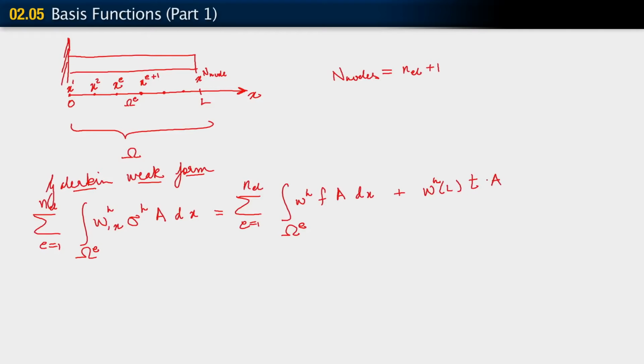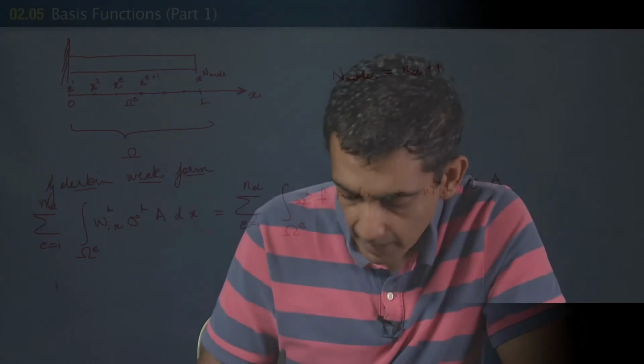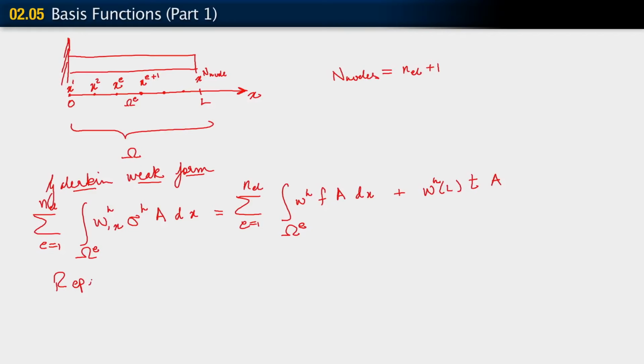Now observe that each integral really is redefined in this expression as an integral over the relevant element subdomain. What we need to do to proceed is to talk of how we are going to write out a representation for our trial solution, our trial solution uh of x, and the weighting function.